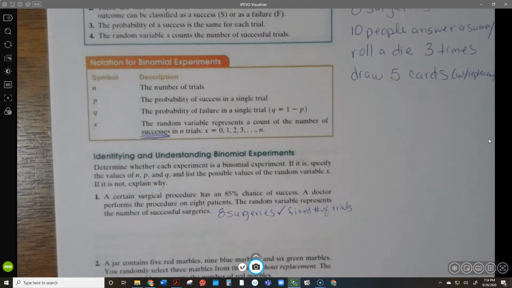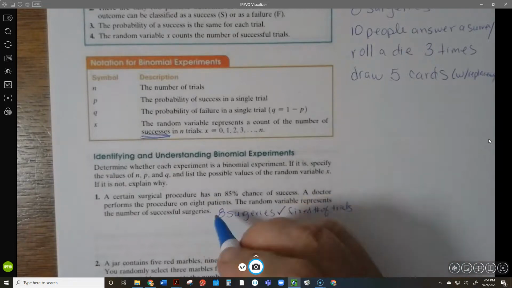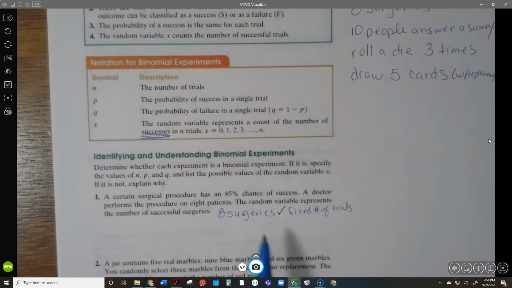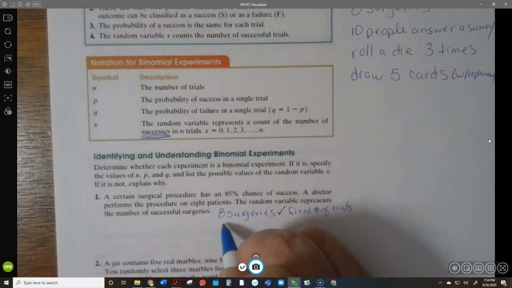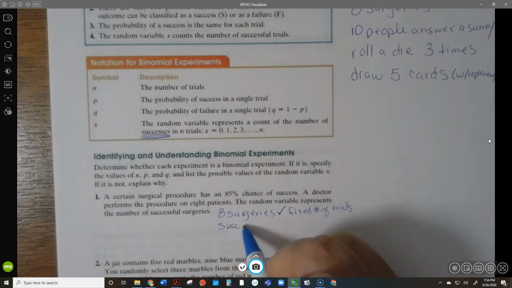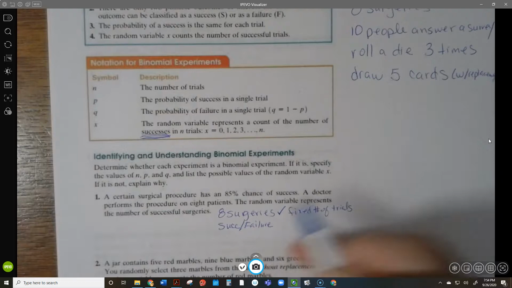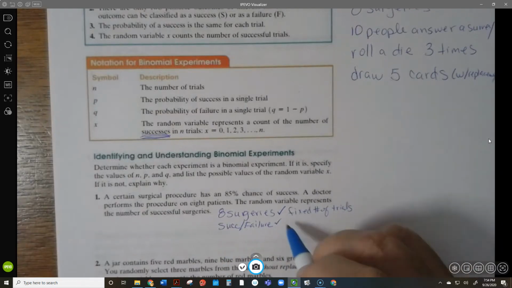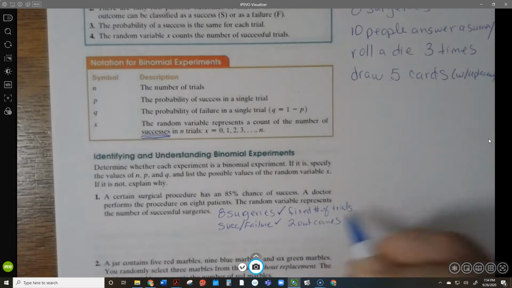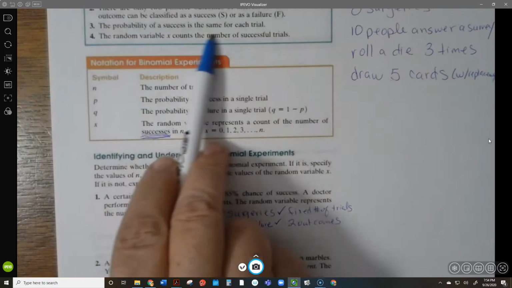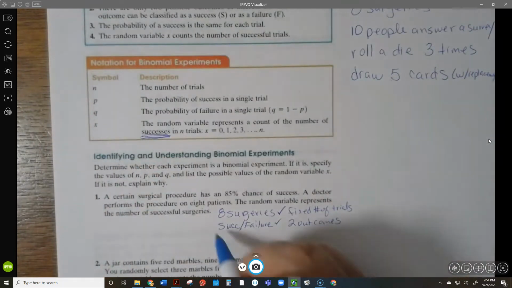The second one, there are only 2 possible outcomes. Okay, so we're talking about successful surgeries. So we've got success and we've got failure. The surgery either worked or the surgery didn't. So that is 2 outcomes. The third one is the probability for each one is exactly the same.